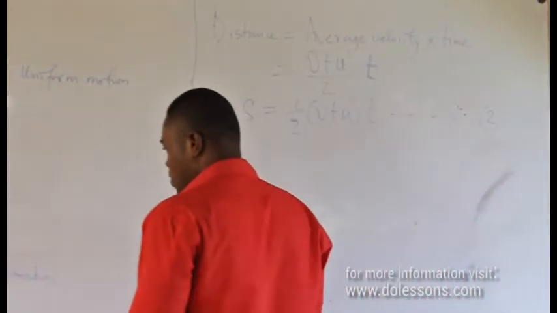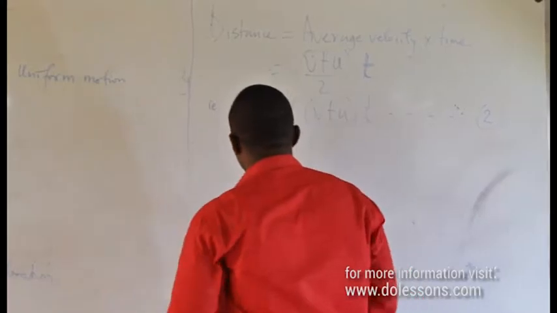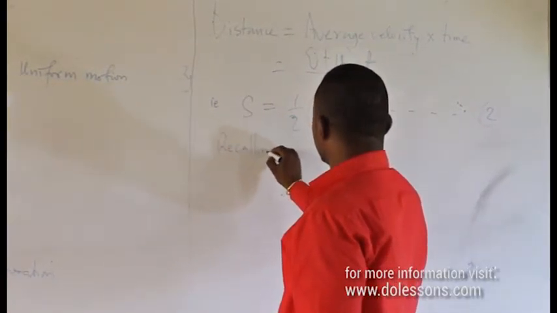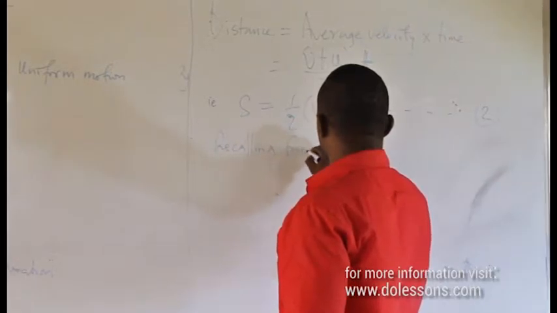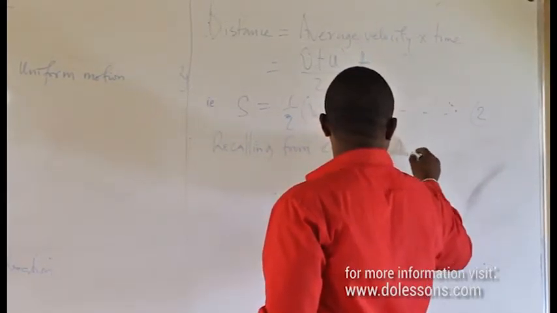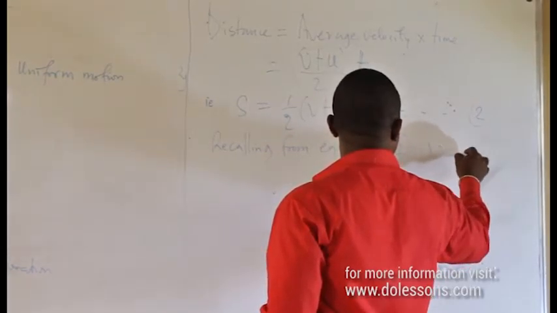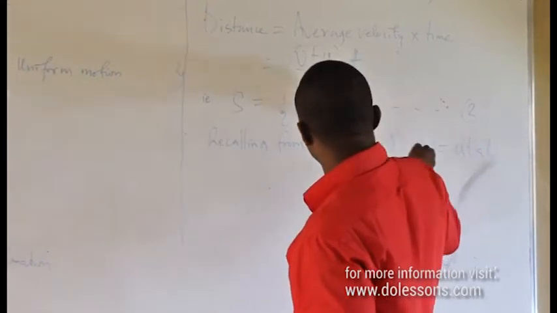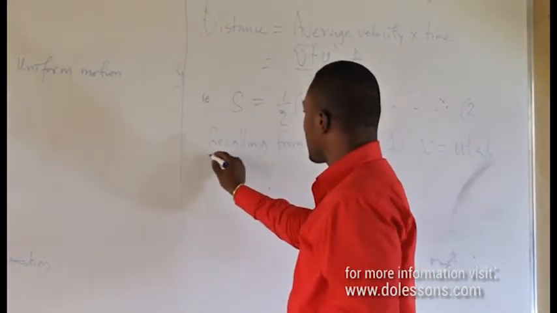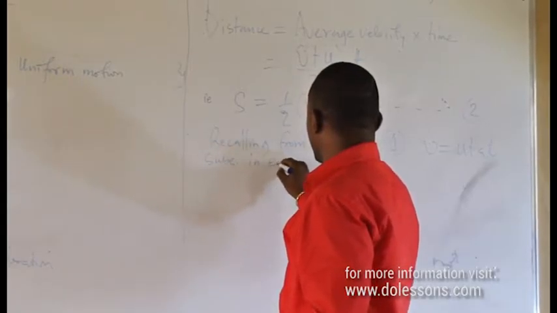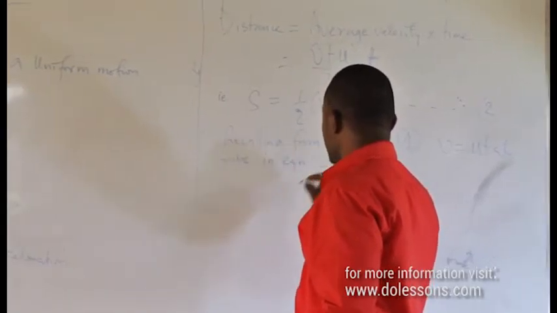Now, recalling from equation 1, that is, v is equal to u plus at, we'll substitute this in equation 2.